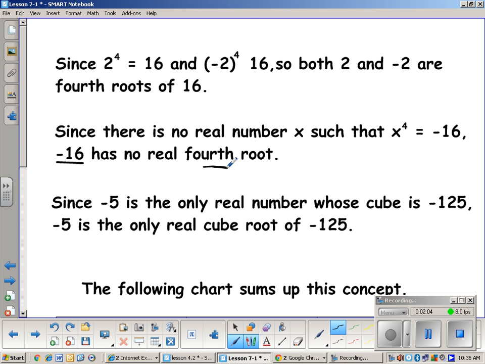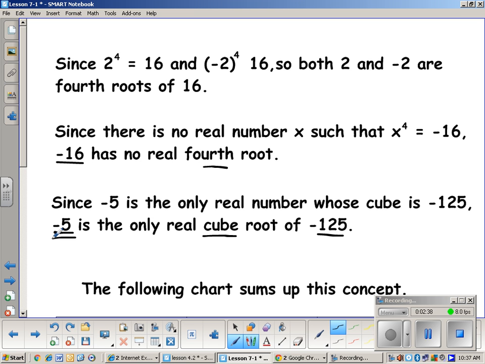But with an odd root, negative 5 times negative 5 times negative 5 is negative 125, and positive 5 times positive 5 times positive 5 is positive 125. Then the cube root of negative 125 has only one answer, negative 5. The cube root of positive 125 has only one answer, positive 5. So with odd roots, there's only one possibility.